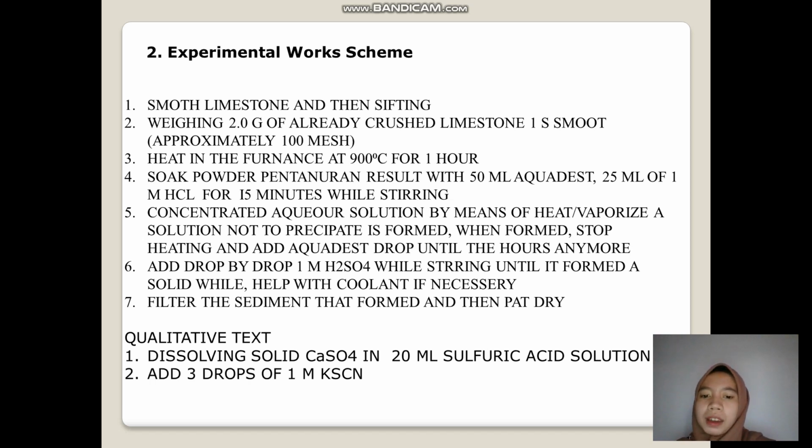Filter the sediment that formed and dry the part. Qualitative test: 1. Dissolve the solid CaSO4 in 25 ml sulfuric acid solution. 2. Add 3 drops of 1 M KSCN.